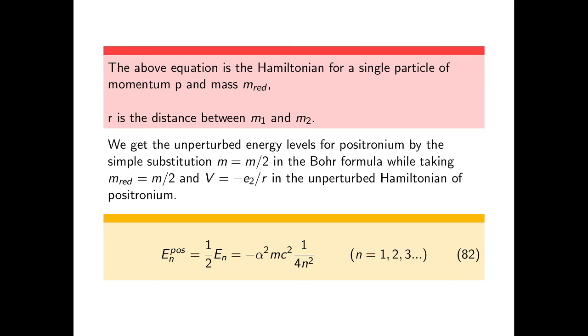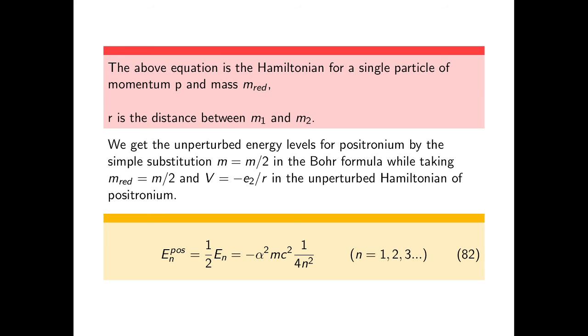And like we said earlier, the spectral lines are reduced to half, and since there is no proton, which accounts for a lot of mass, the mass is m divided by 2 in the Bohr formula, and we substitute this in. Rishi had spoken about this in the previous slides.